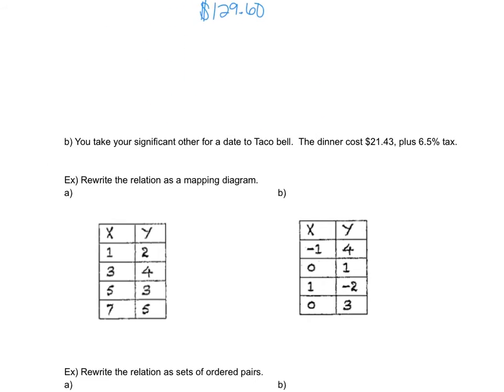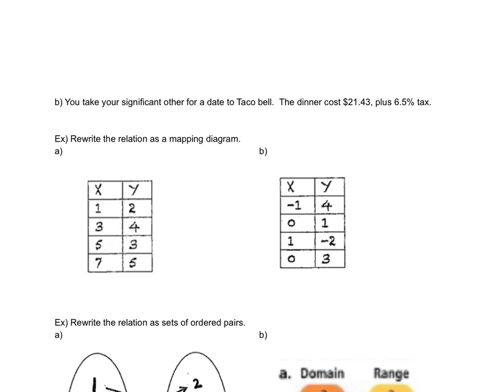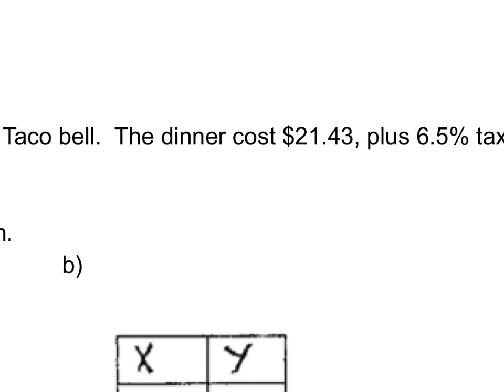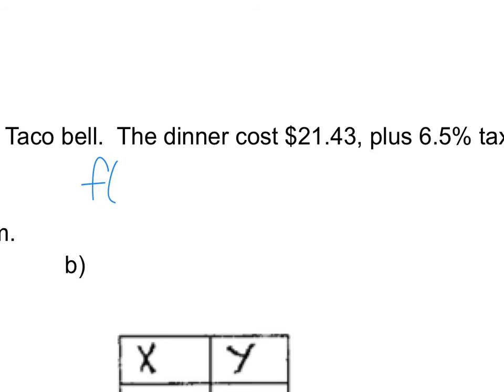The spacing is off on this one too. Okay, you take your significant other for a date to Taco Bell. The dinner costs $21.43 plus 6.5% tax. So you're going to do the exact same thing. So the function rule, f of x, and it doesn't matter on equal signs which side you put it on. Usually they put it on the left, but it doesn't really matter.